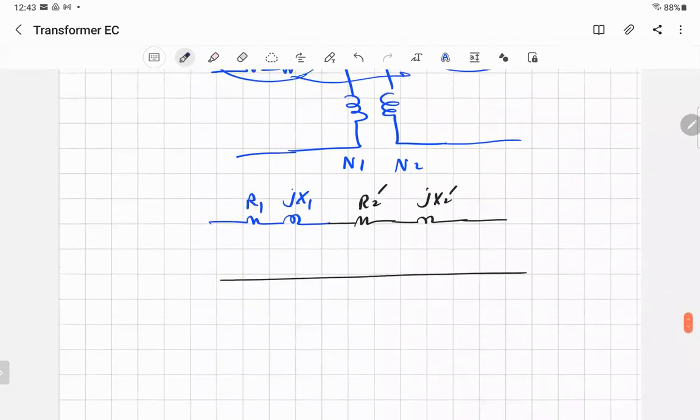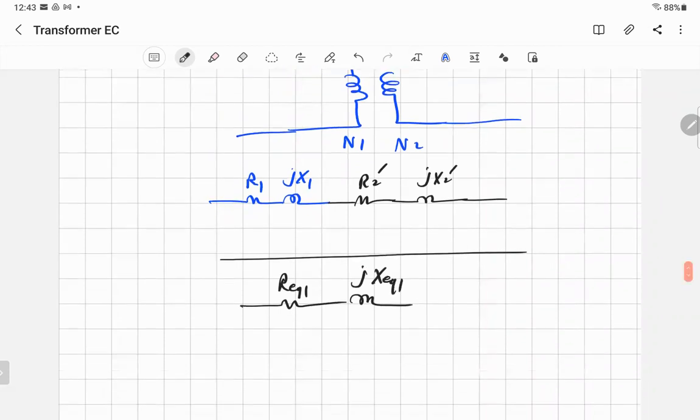So you add R1 and R2 dash, and you just call it R equivalent 1, because you find the equivalent resistance of the whole transformer for both windings, but referred to side 1. And you add the X's together, so you have jX equivalent 1.